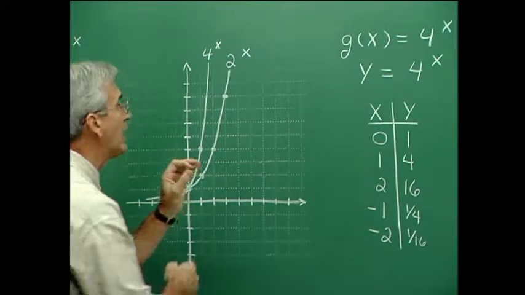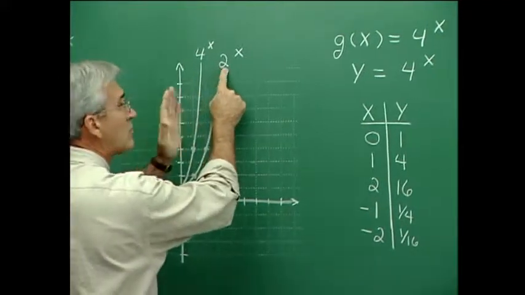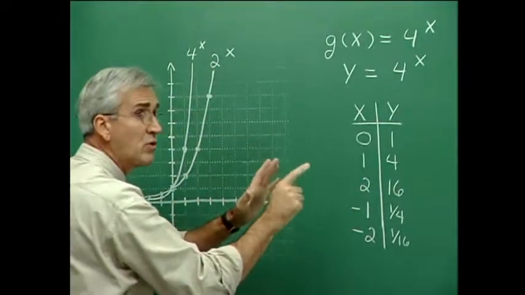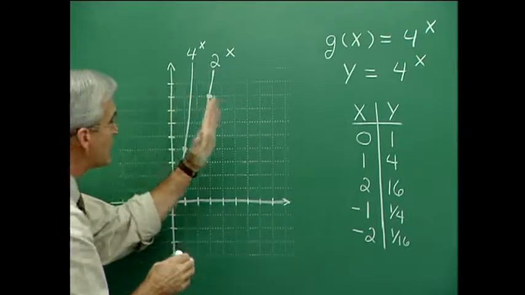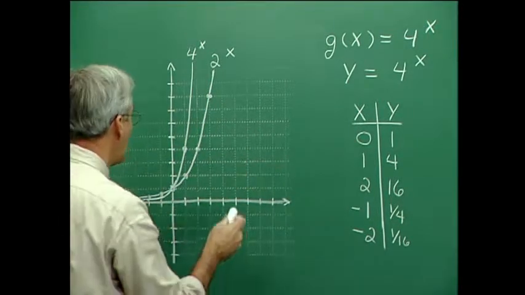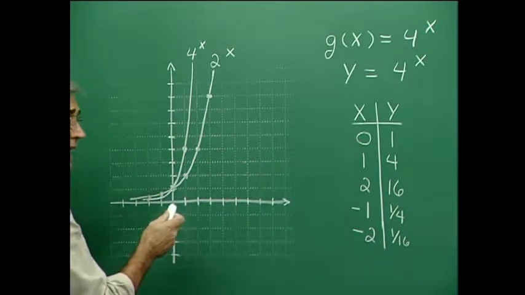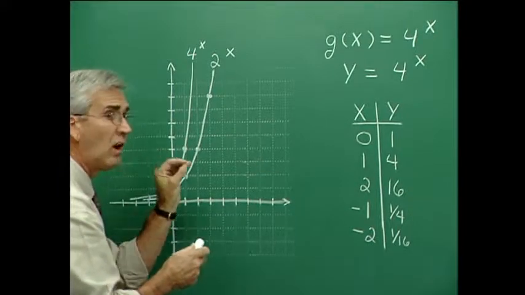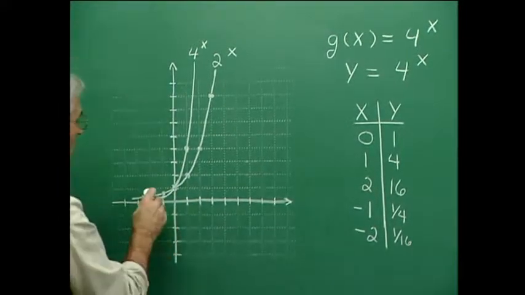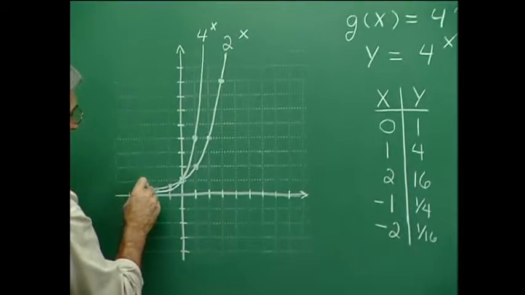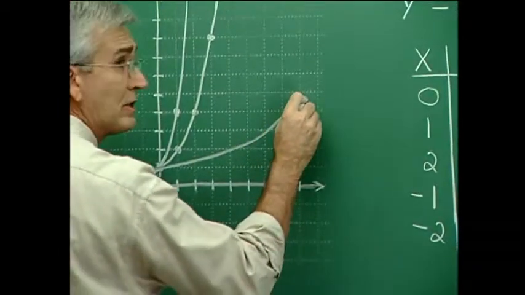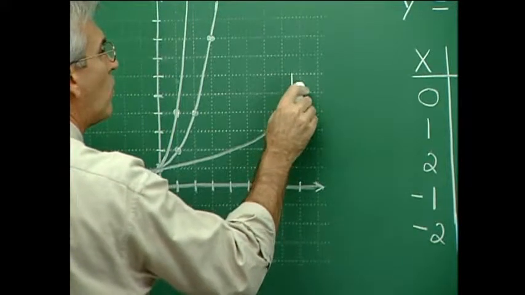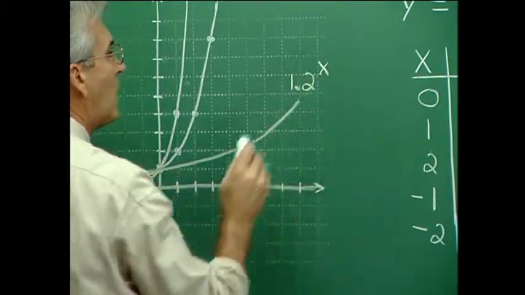And on the other hand, as this base gets smaller and smaller and sort of approaches 1, then the graph has the tendency to sort of lay down. For example, if I were constructing the graph of y equals 1.2 to the x power, then that graph might look something like this. See, it'll be a gently rising graph. So roughly 1.2 to the x power.